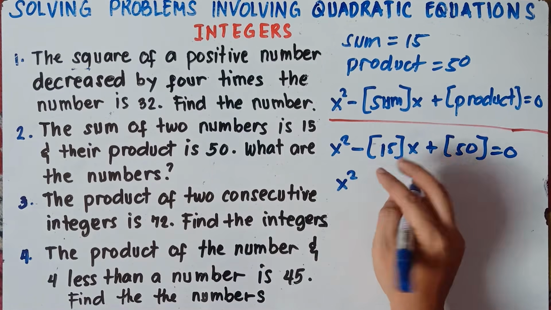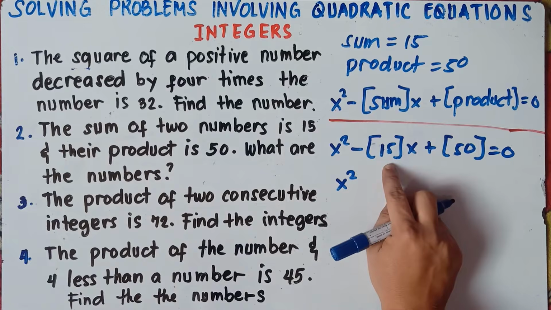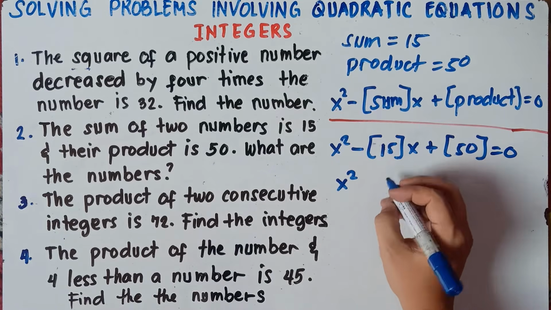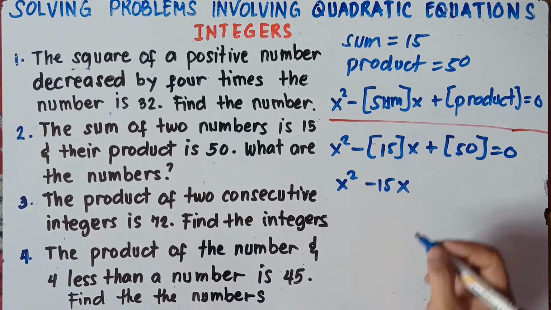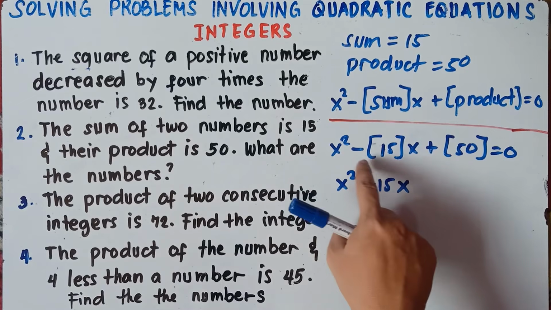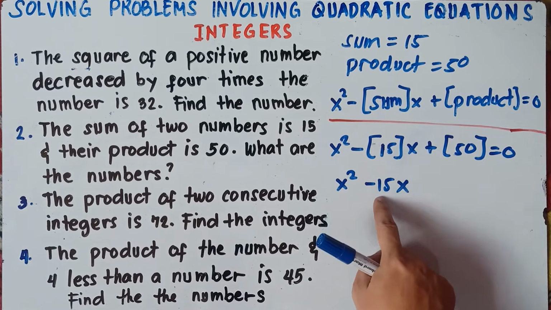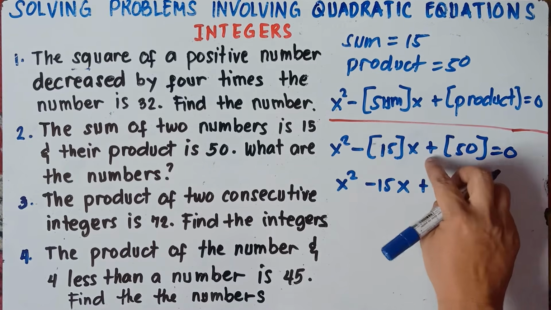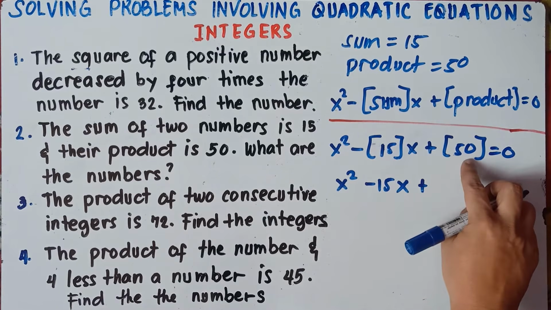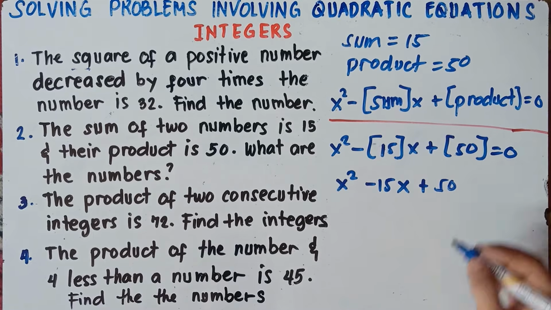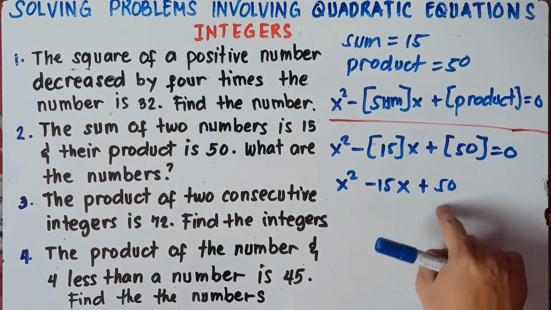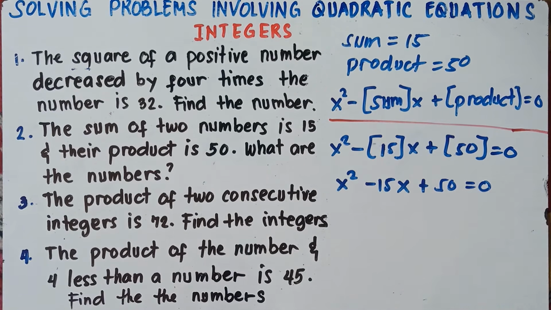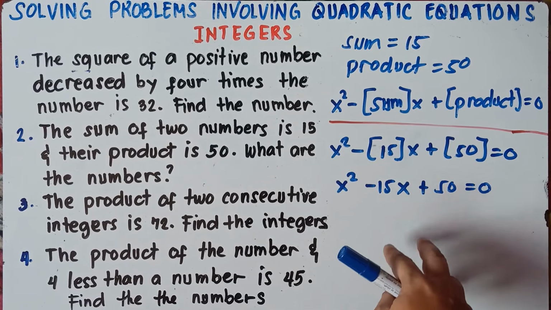Copy x squared, then negative times 15, that's negative 15, times x, that would be negative 15x, plus positive times 50, that's positive 50. Alright, you simply copy 50, then equals 0. And you have the standard form of the quadratic equation.